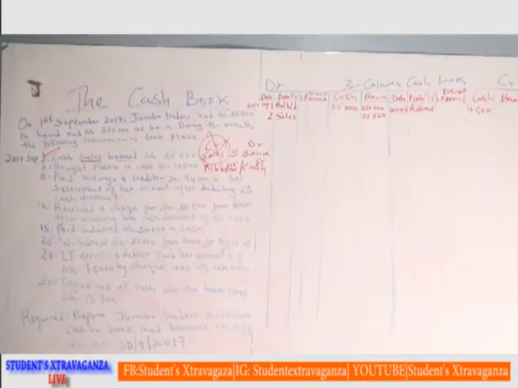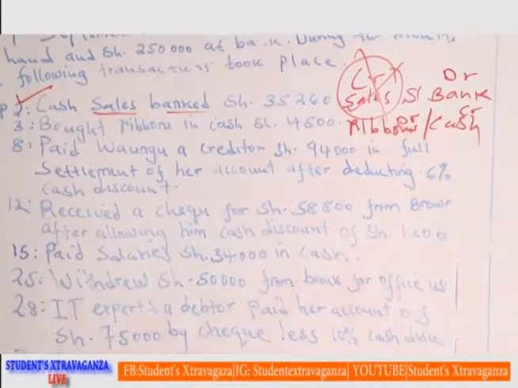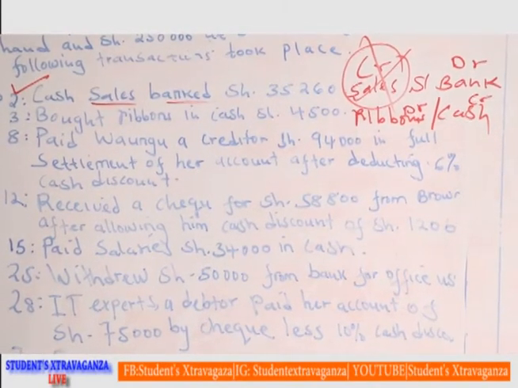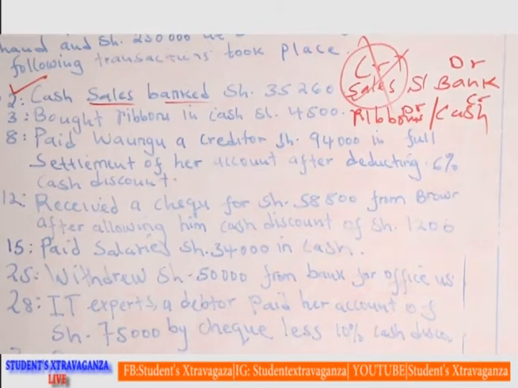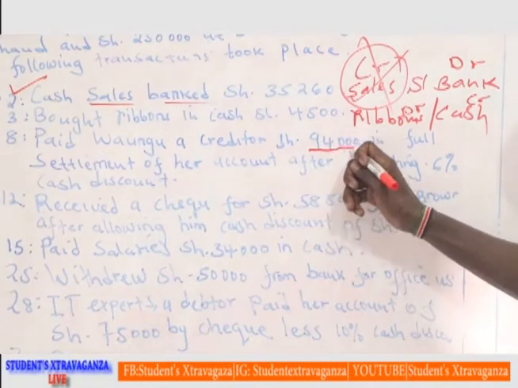On 8th, we have again a transaction there. Paid Waungu, a creditor, 94,000 in full settlement of her account after deducting 6% cash discount. This is the money that Jumbo Traders paid.